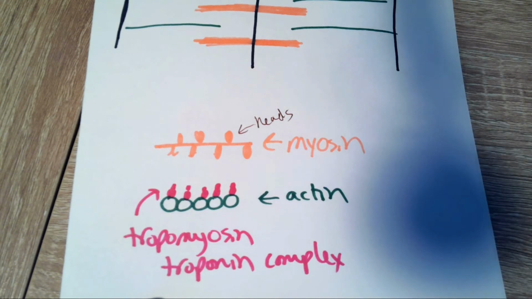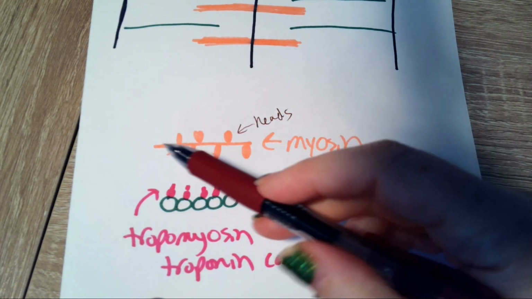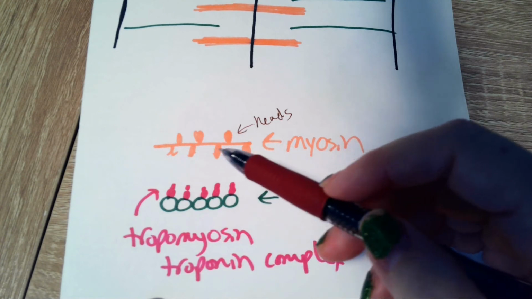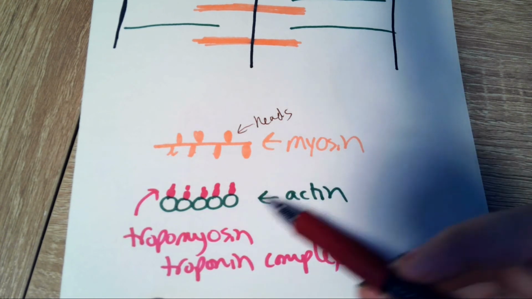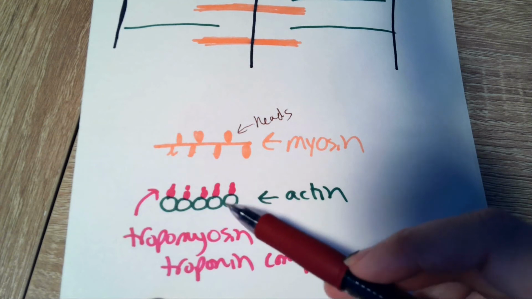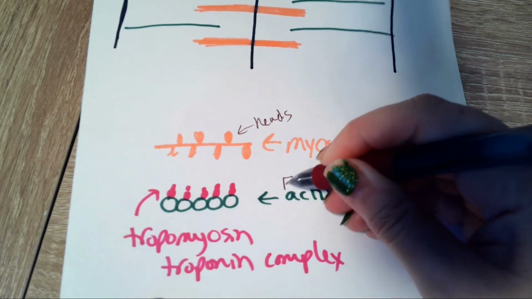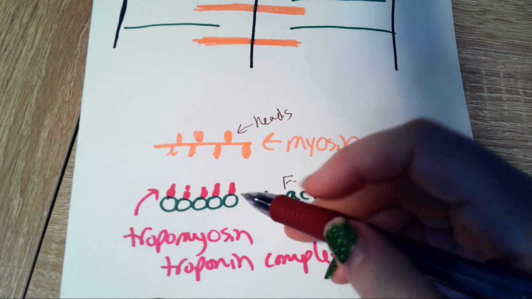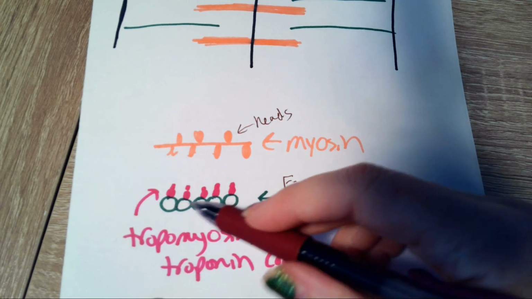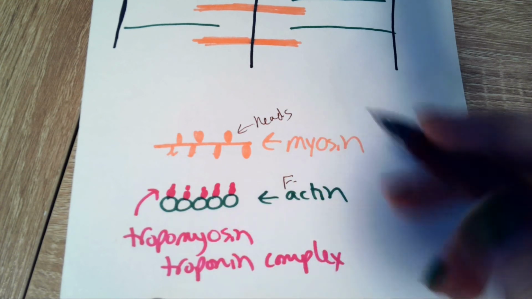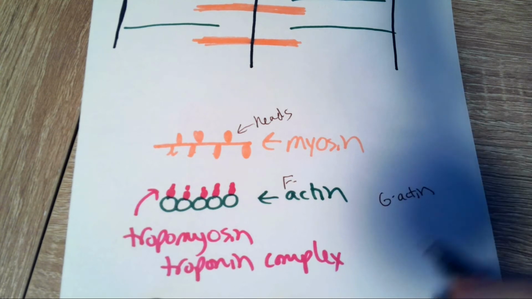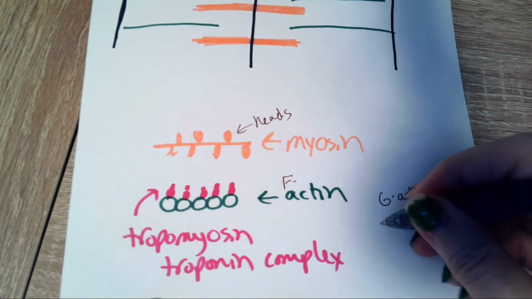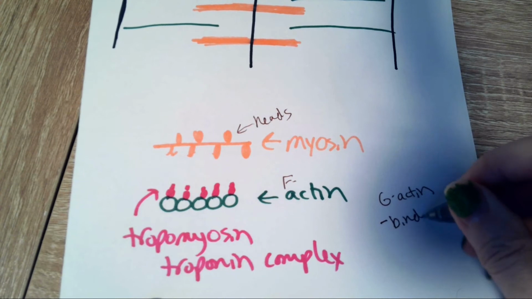So you have lots and lots of tails all wound up together, making the straight structure here, and then heads sticking out like a little bristle brush all over the place. The actin now, the actin is something called F-actin, and each little ball of F-actin, if you think of it like a beaded necklace, each little bead would be called G-actin. And on each G-actin, we have a binding site for the myosin heads.